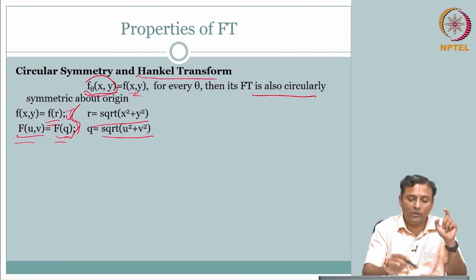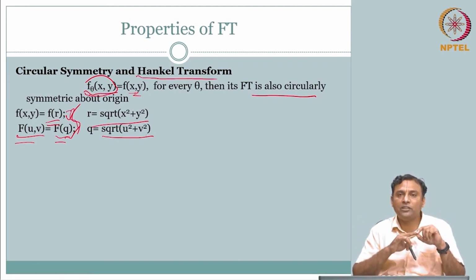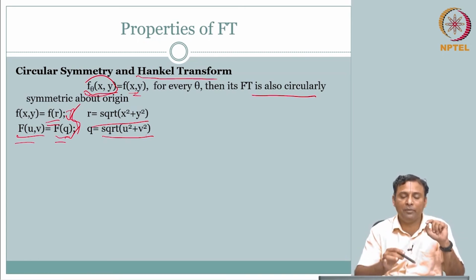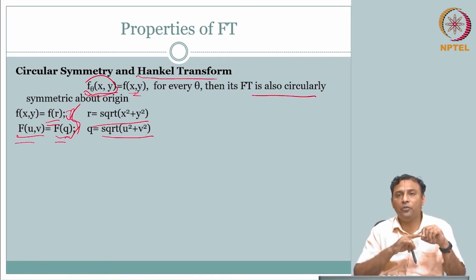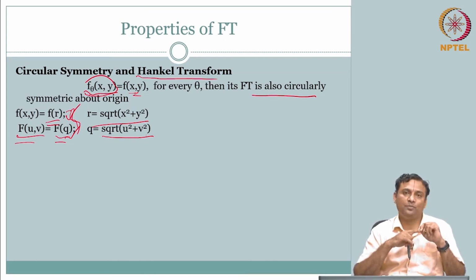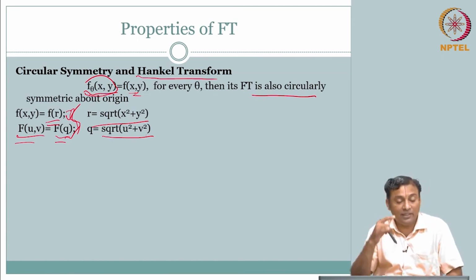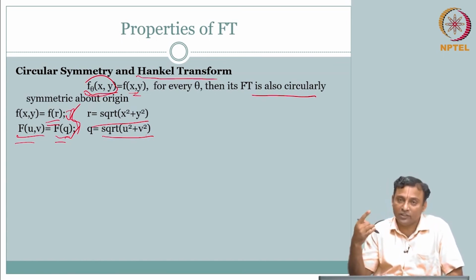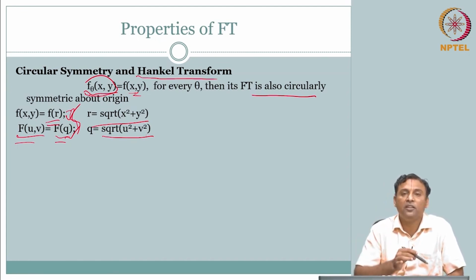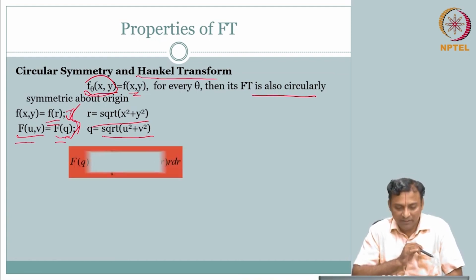But what about when you reduce the variable, because it is circularly symmetric, you get f of r 1 dimension, capital F of q 1 dimension. Is there a relationship between these two? Of course, mathematically there is, but it is not what you think, it is not the same. F of q is not the Fourier transform of f of r, okay.